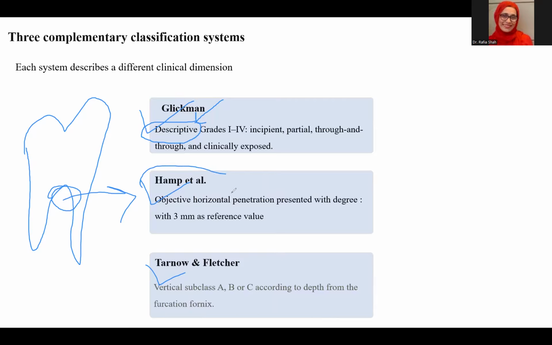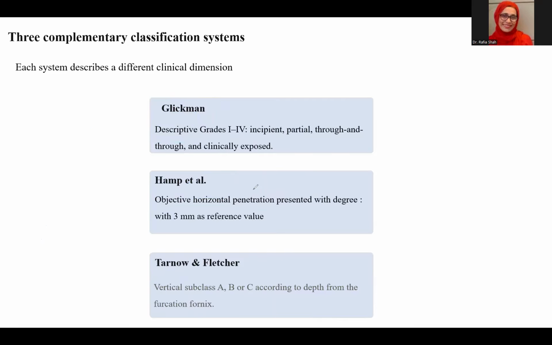Whereas when we come to Hamp, it is an objective classification. It objectively defines the problem via a quantitative method, via some number, and it takes 3 millimeters as a reference value. Now we come to Tarnow and Fletcher.